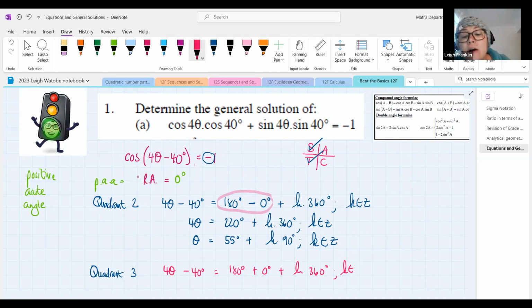You're not going to get a different answer because whether you add 0 or take 0 away, it's not going to change anything. So in this particular example, there is no need for us to do a solution in quadrant 3. We would simply have stopped here, and that would be our final answer.